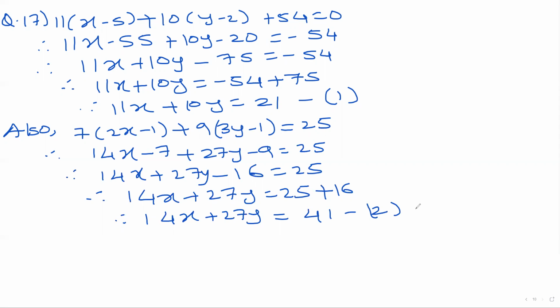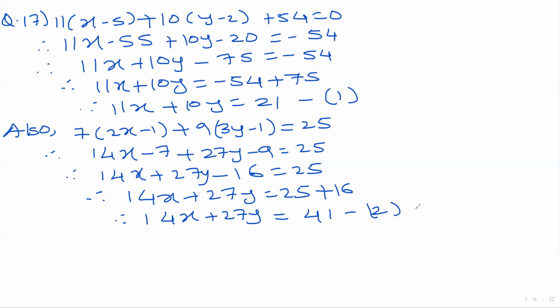Now you tell me which coefficient to be equated. X coefficient to be equated or y coefficient to be equated. Why? Sir, y equate karaycha. Okay. But the LCM of 27 and 10 is 270.